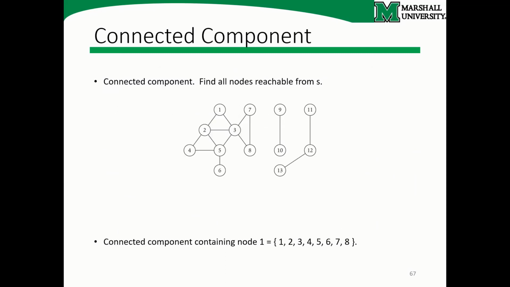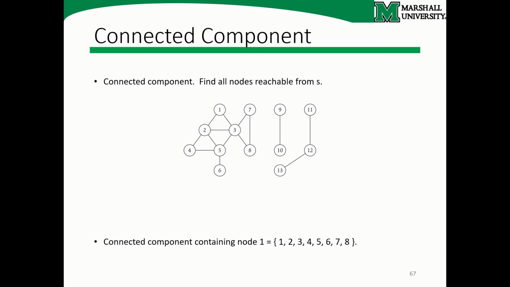One related definition for our problems of connectivity is called the connected component. So what is the definition of a connected component? A connected component of a graph consists of all the vertices that are connected to each other. In this example, we have a graph with 13 vertices and 3 connected components.